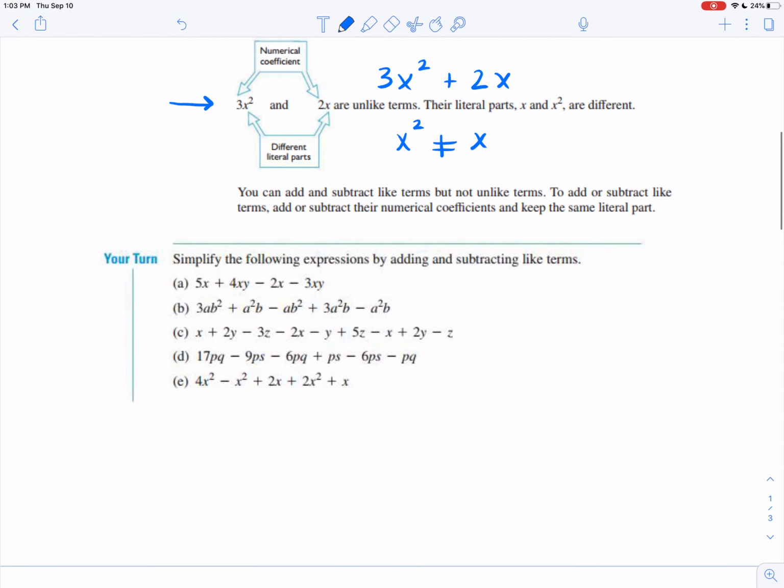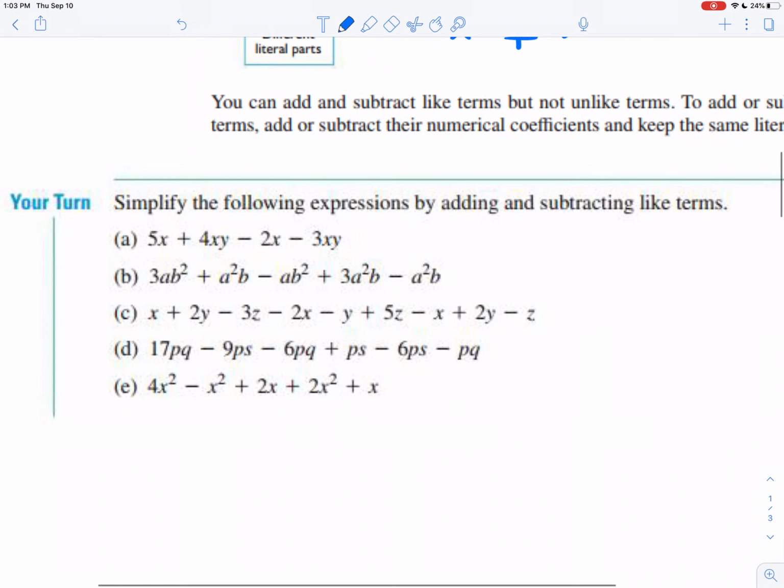All right, so let's look at a few examples here and talk about what we can combine and what we cannot combine. So in part A, again, what we're going to look for is terms that have the same literal parts. I've got 4 terms here. Again, these are the things that are being added or subtracted.